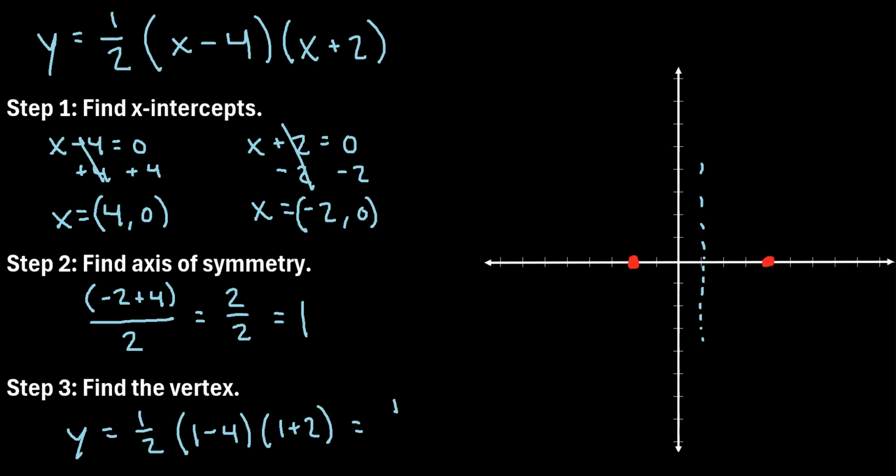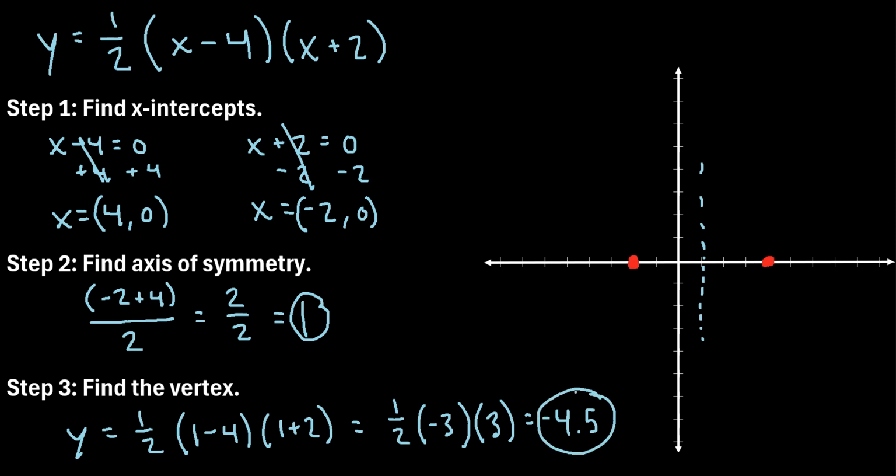So we get 1/2 times 1 minus 4, that's negative 3, and 1 plus 2, that's positive 3. So we get negative 3 times 3, that's negative 9. Negative 9 times 1/2, or half of negative 9, that's negative 4.5 if we want to write it as a decimal. So the vertex is located at the point x is 1, y is negative 4.5.